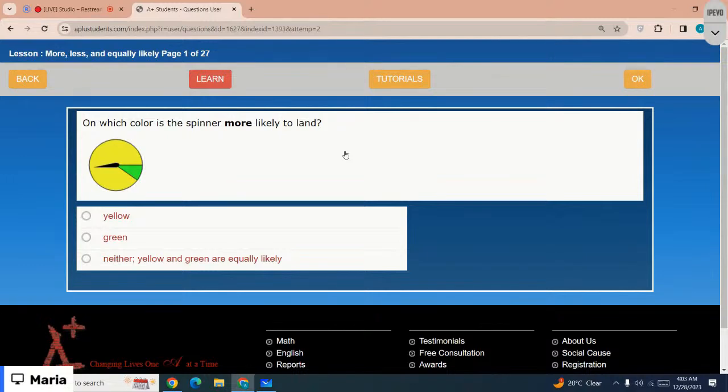That means there are more chances that it will land on yellow, right? Because most of the portion is yellow. So the correct option is yes, that means more likely to land on yellow.